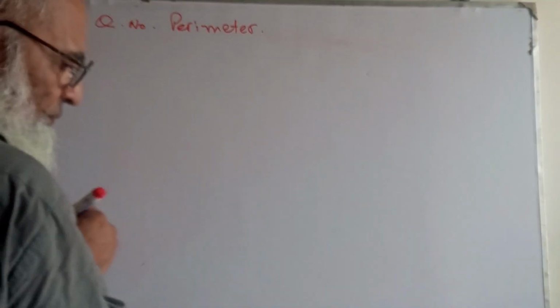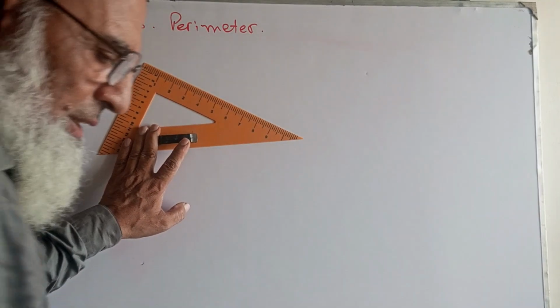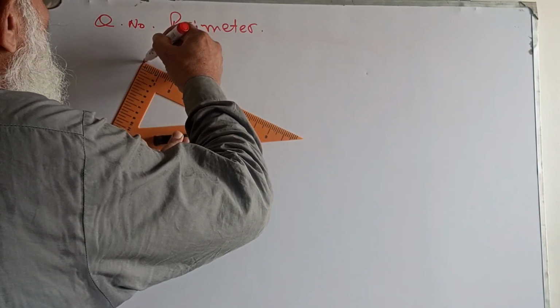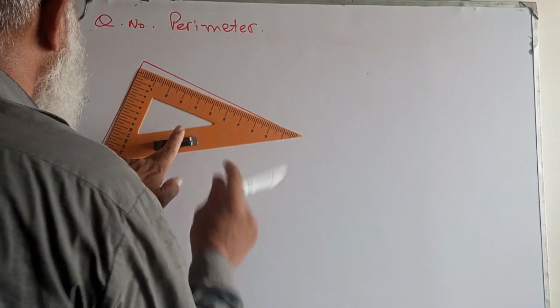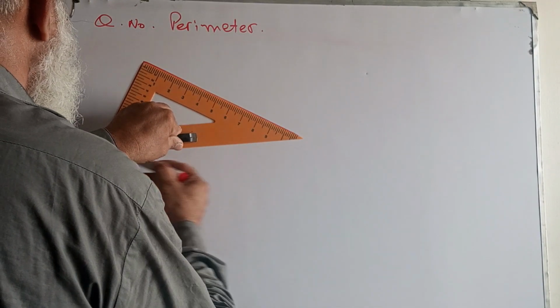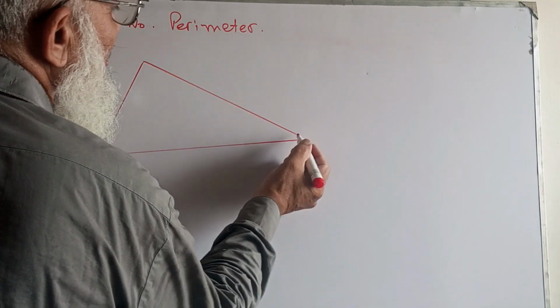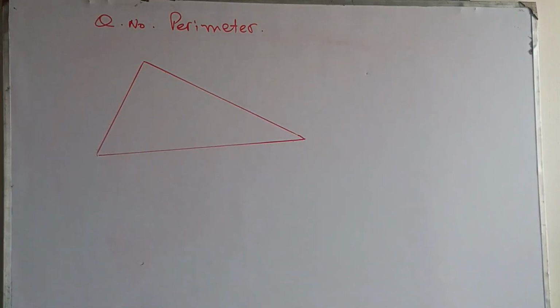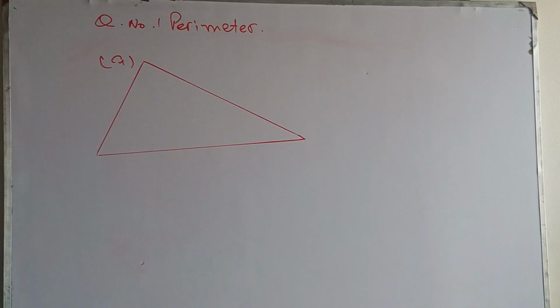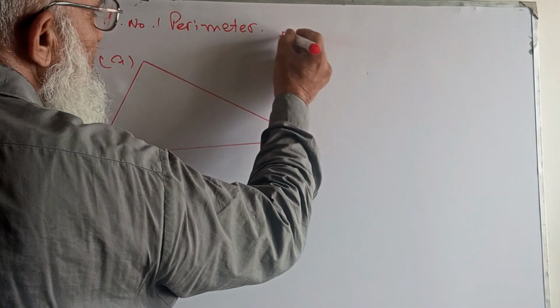Now for example, this figure is given, almost like this. So I am going to reproduce that figure. Now, my dear students, this figure has been given in question number 1, part A of the exercise, and the exercise is 7.1.